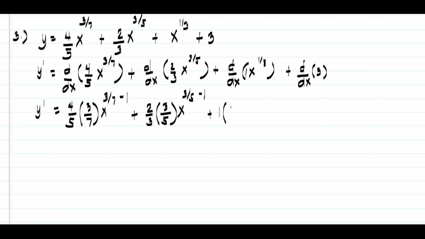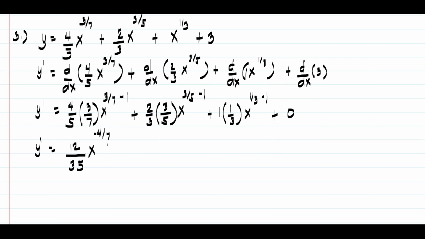So we have 1 times 1/3 x raised to 1/3 minus 1. And then the derivative of constant 3 is 0. So we have y prime equals 4 times 3, that is 12, over 5 times 7 is 35, x raised to 3 over 7 minus 1, that is negative 4 over 7.